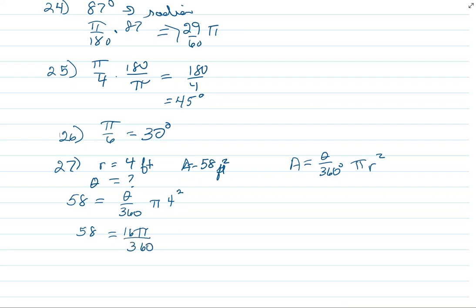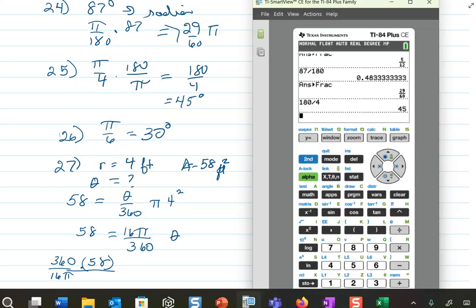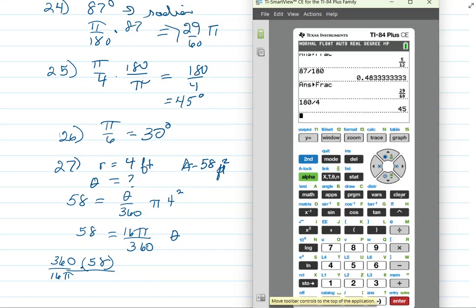Does everybody agree? Okay, because I'm going to multiply by the reciprocal. So this is my numerator divided by my denominator. Everybody comfortable with that? Okay, you'll see me put it in the calculator.